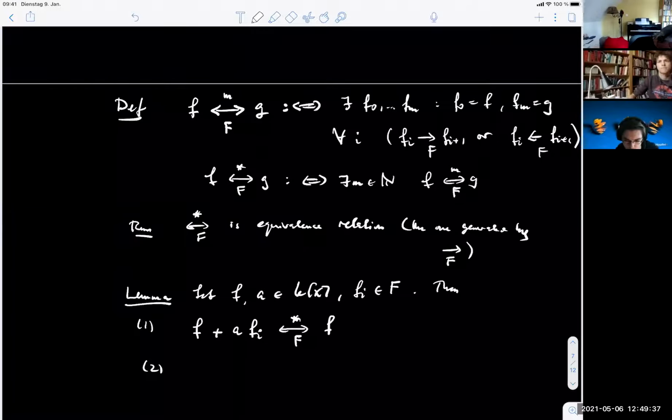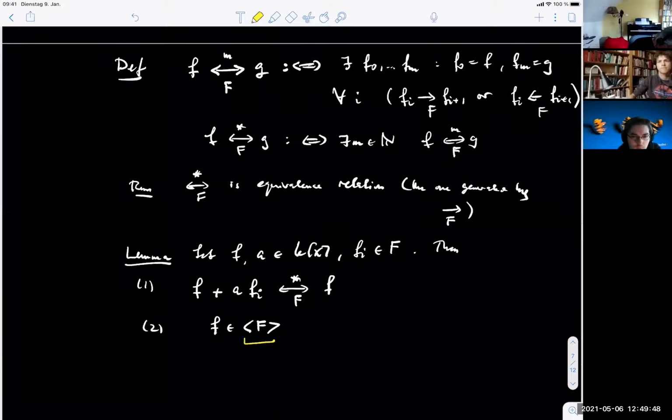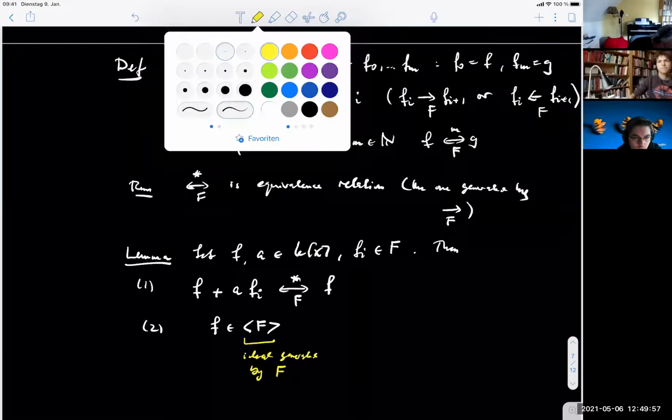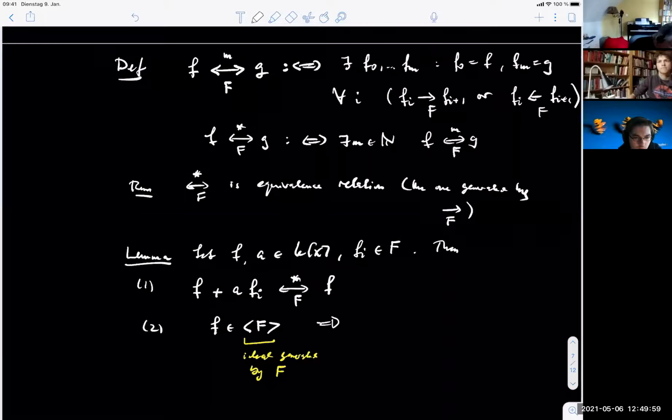And the second statement is: f lies in the ideal generated by capital F. Maybe I write it, because I think I never formally defined it. So this is the ideal generated by the set of polynomials F. This is the case if and only if f is equivalent to 0.